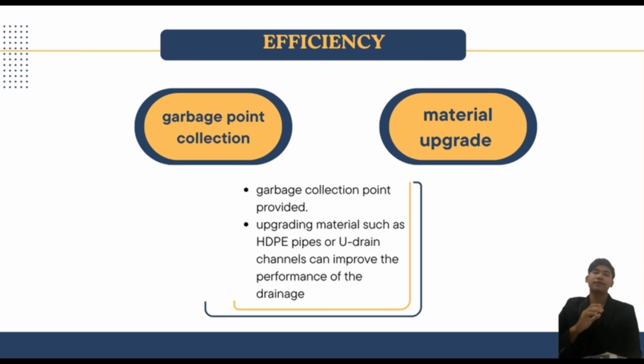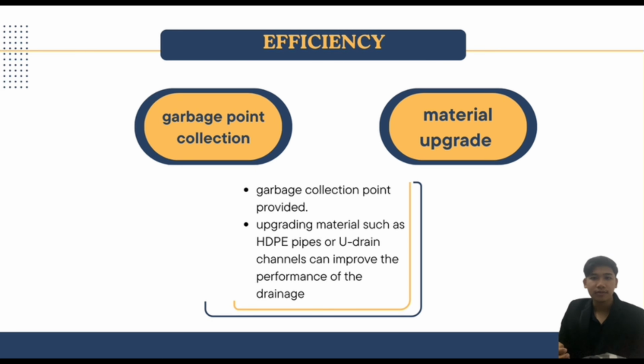So for efficiency for both case studies, I think case study number 1 in Gurun, Kedah should provide more garbage collection points. This is to reduce the debris in the drainage to prevent clogging problems in the drainage.